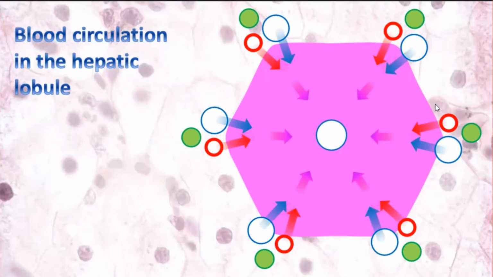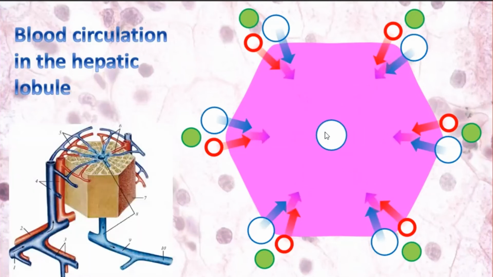So sinusoids contain mixed blood, and mixed blood goes from the periphery to the center. And after the filtration, after passing through the sinusoids of the hepatic lobule, this blood becomes venous, and venous blood is collected by the central vein. So mixed blood goes through the sinusoids and goes to the central vein.